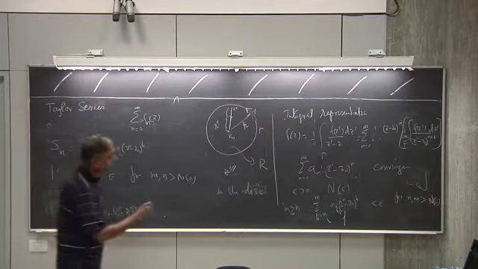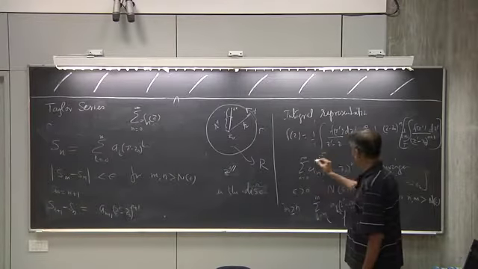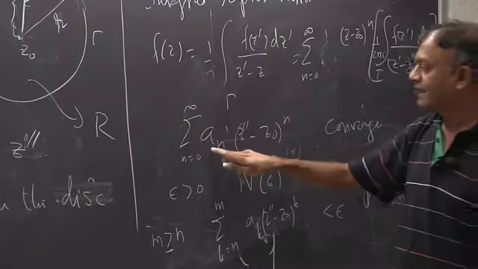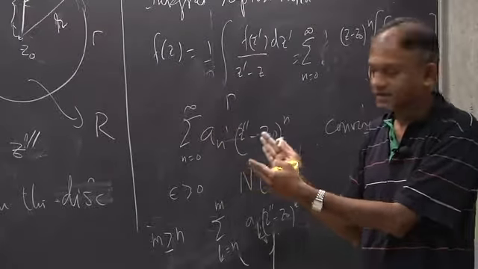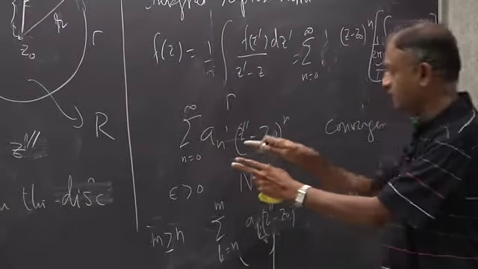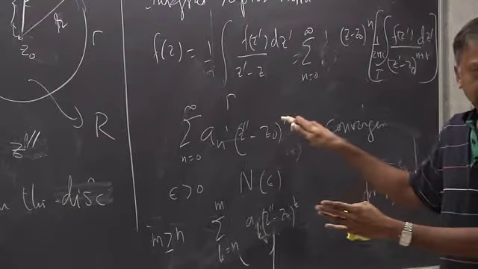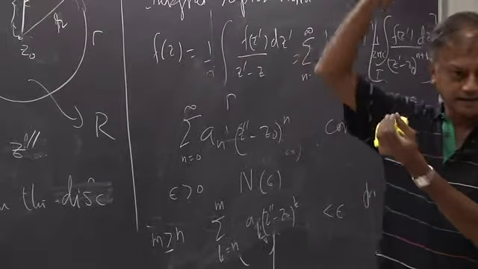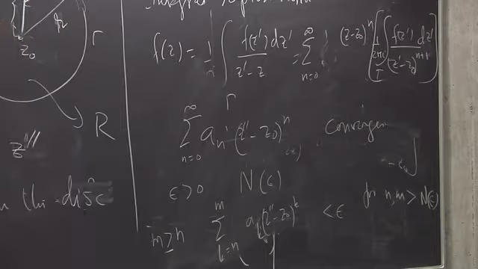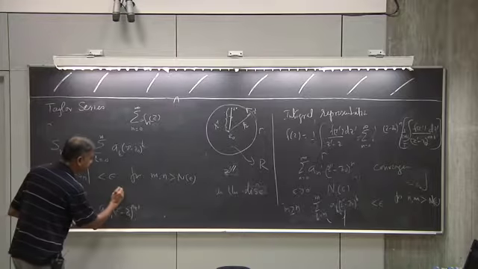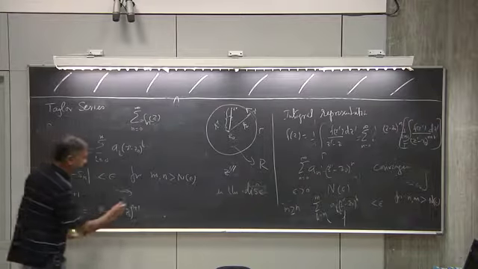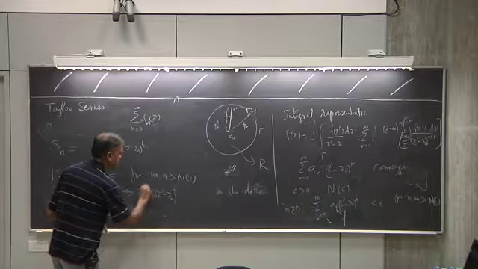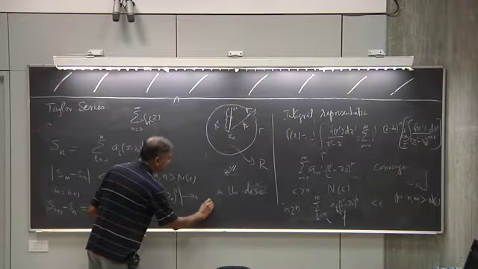So that means that all these terms are bounded, right? Because for any finite value of n, each term is some finite number. And also as n goes to infinity, this is all going to vanish. So this criterion implies, choosing m equal to n plus 1, that a n (z double prime minus z0) to the power of n goes to 0 as n goes to infinity, right?